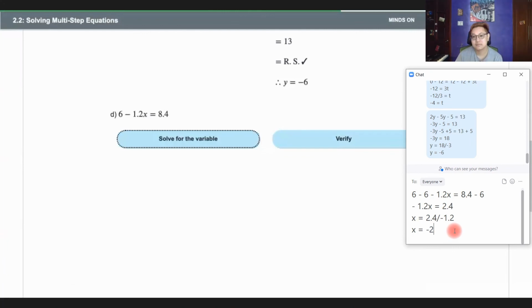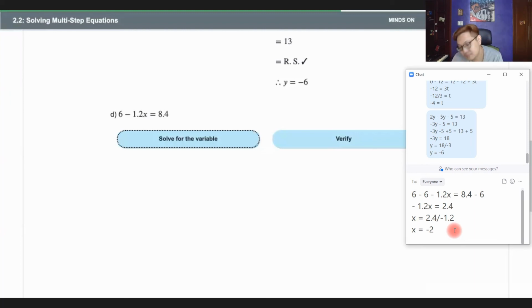So negative 1.2x equal 2.4. So you bring the 1.2 to the right. Well, negative 1.2 to the right. You bring negative 1.2, not just 1.2. Oh yeah. Careful, negative. Be very careful. And then bring it down.